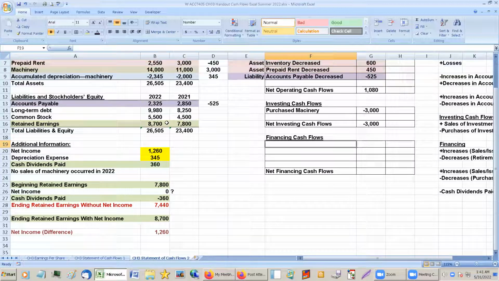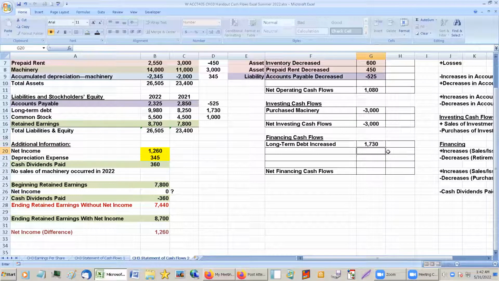And financing cash flows. Long-term debt and common stock both increased, so our cash will increase. Common stock increased, meaning the company sold more common stock.